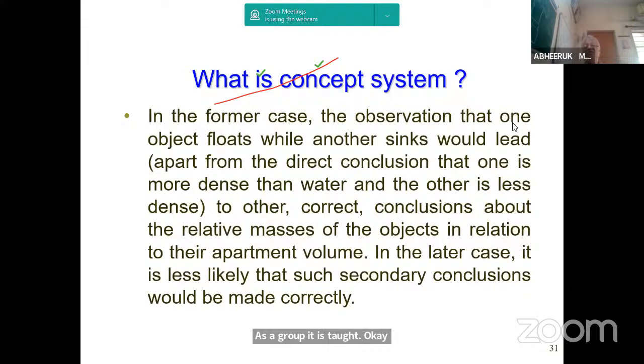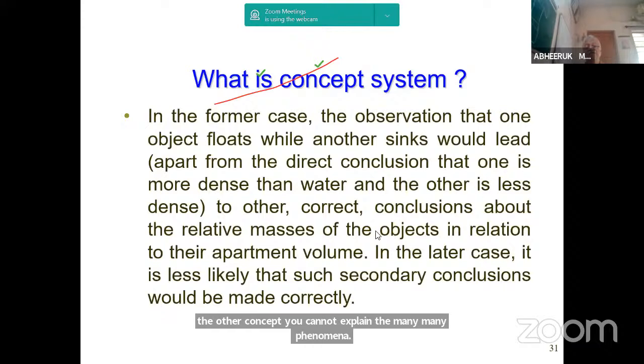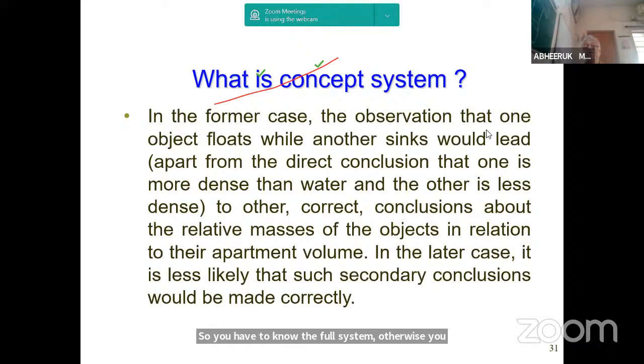In the former case, the observation that one object floats. So why is it required? Because sometimes with the other concept you cannot explain many phenomena. So you have to know the full system, otherwise you cannot explain. In the former case, the observation that one object floats while another sinks would lead to a correct conclusion about the relative masses of the objects, in relation to their apparent volume.